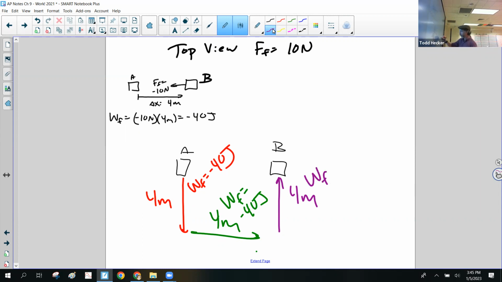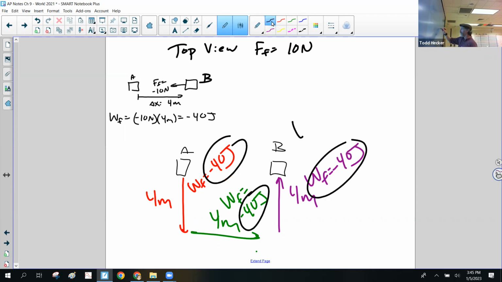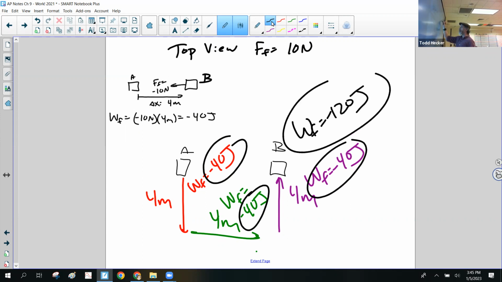So now my work of friction is again negative 40 joules for a total of 40 plus 40 plus 40. Now the work done by friction is negative 120 joules, right? Because our distance increased, friction had sort of a larger distance over which to do work. And so even though points A and B were the same, the work of friction does depend on the path here, okay? So friction is not a conservative force.